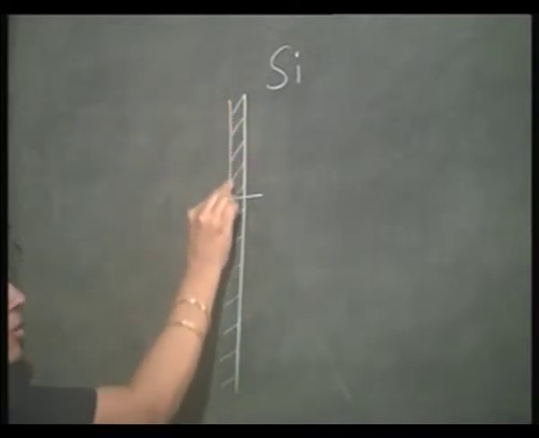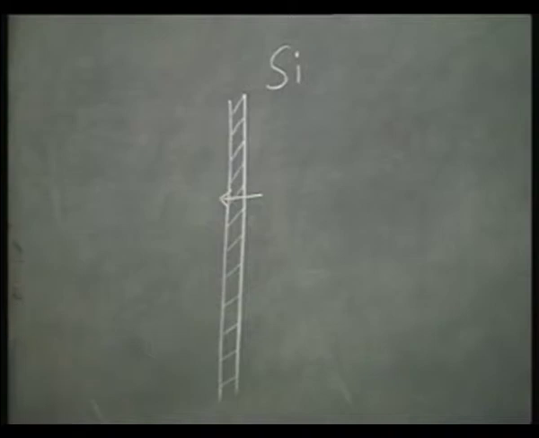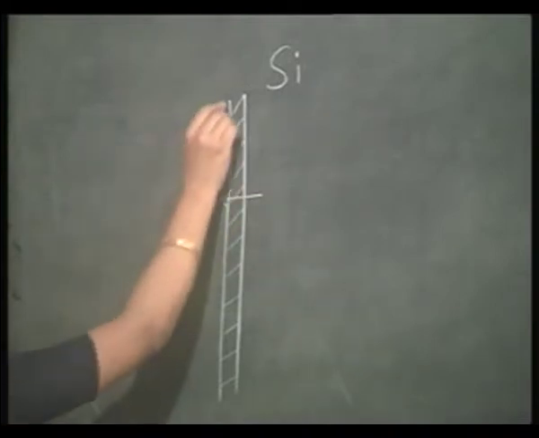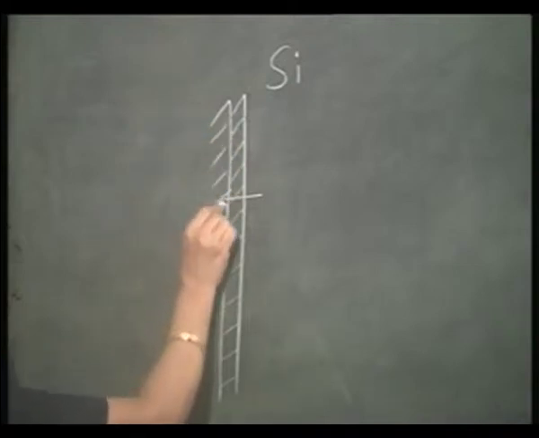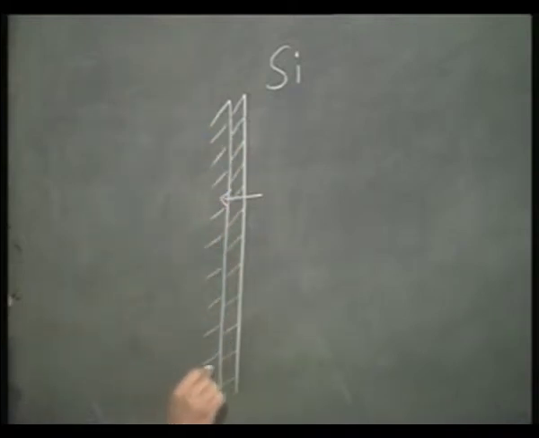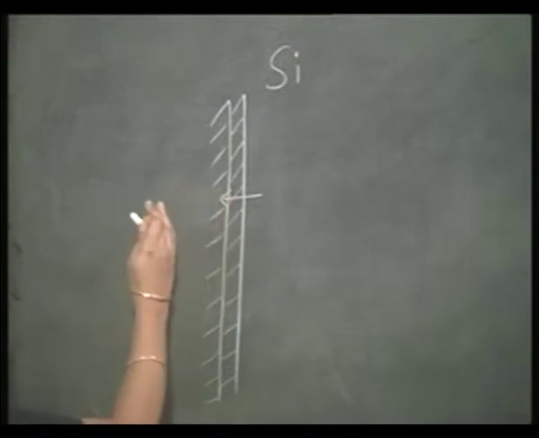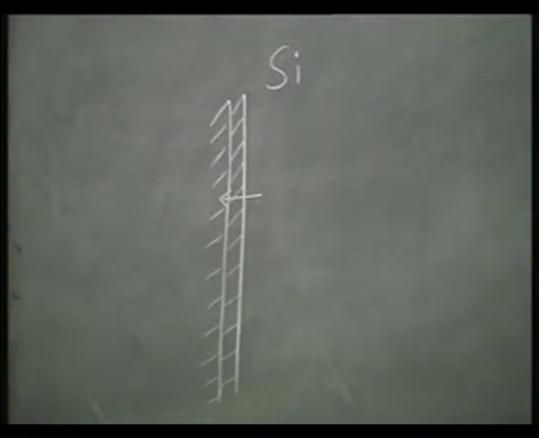Then a thin layer of oxide is grown, okay. Silicon continues to move out and a further layer of oxide grows like this. That is always the oxide growth is happening towards the left of the interface. This is one possibility.